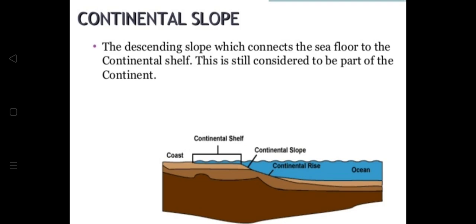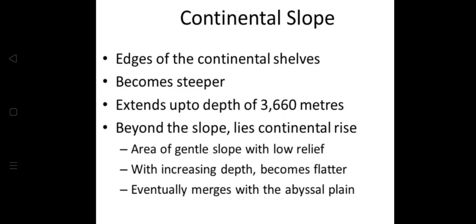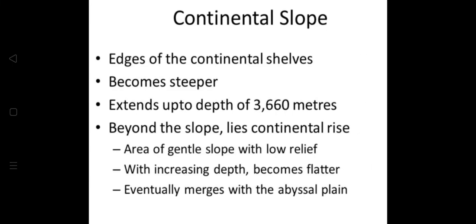That is why it is also considered the boundary of continents. What more can we understand of the continental slope? The edge of the continental shelf becomes steeper. It extends up to a depth of 3,660 meters.